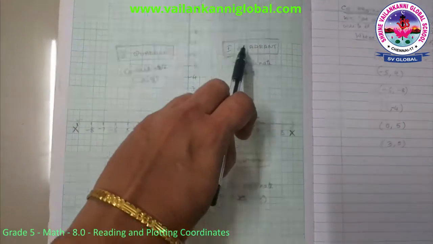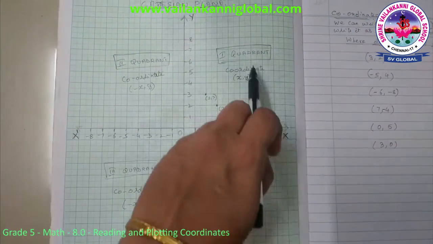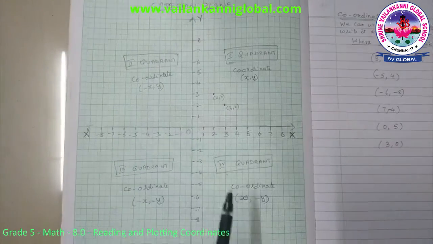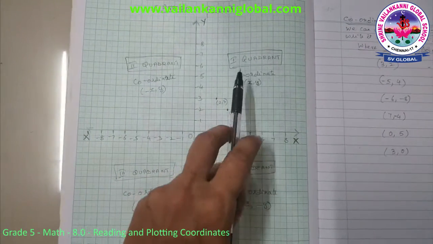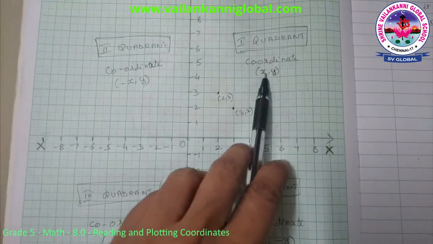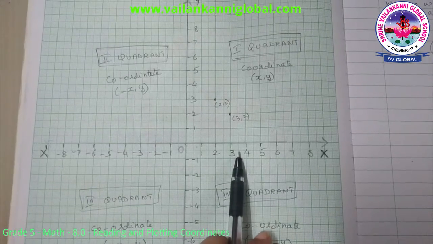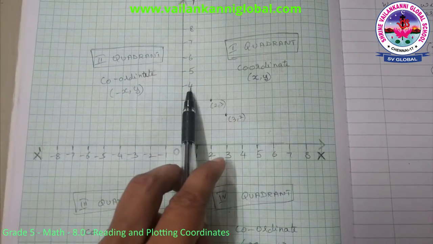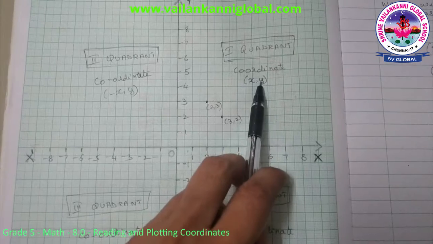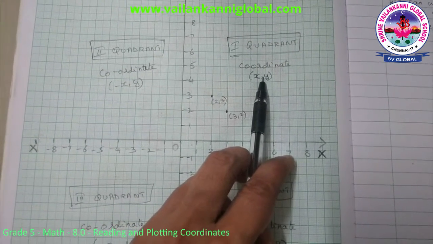We move in the anti-clockwise direction. In the first quadrant, the coordinates will always be x, y, that is, positive x and positive y.